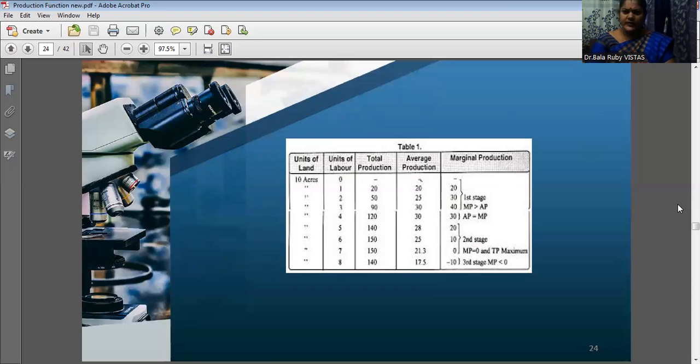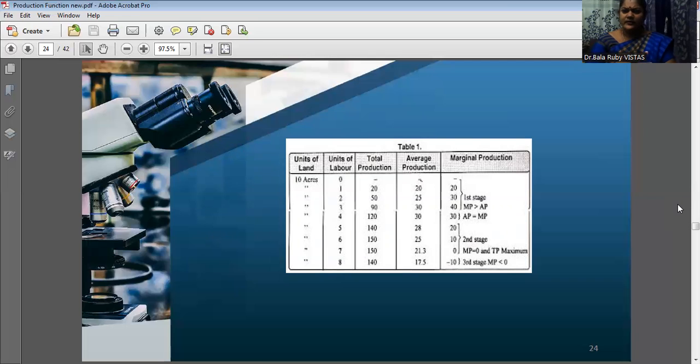I told you in the beginning of the class that it explains the relationship between input as well as output. Here, we assume only two inputs: one is land and another one is labor. So first we put a column for land, then the next column for labor.